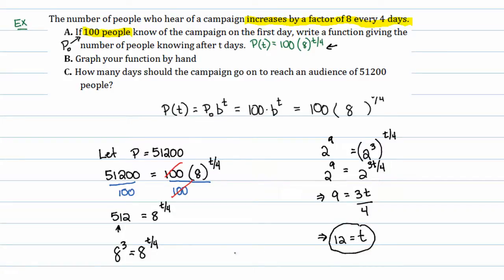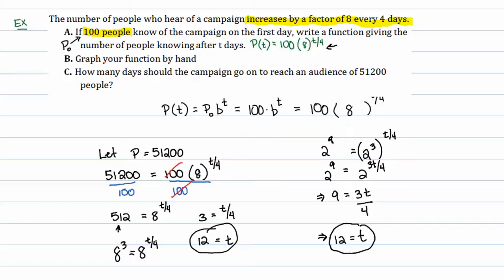And just because in this case it happened to work out, since we can write 512 as a power of 8, you could have done it that way. You could have said, well, all right, that means the powers are equal, so 3 must equal t over 4. Multiply both sides by 4, and you'll get that t is equal to 12. So in either case, you would have gotten the right answer. The idea is to wiggle them down to where their prime bases are the same, like we have here.